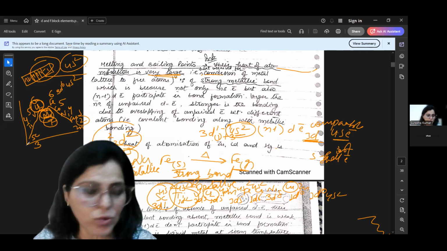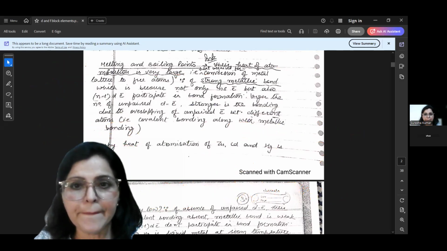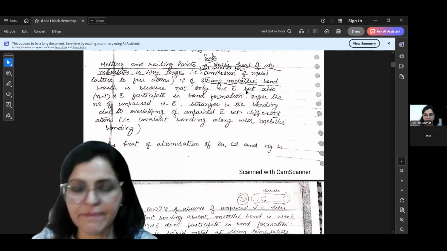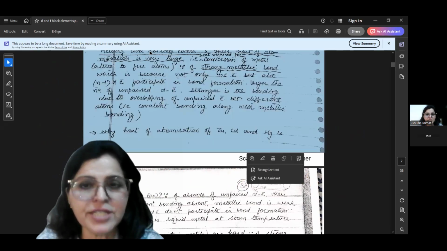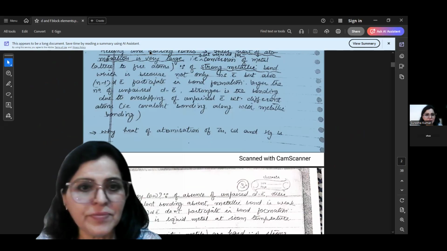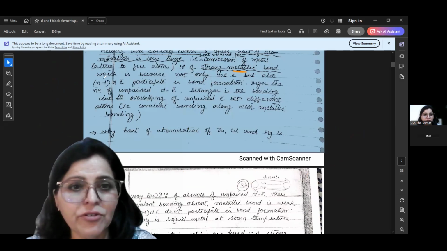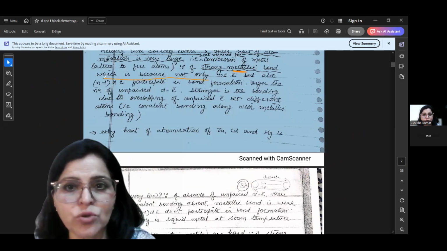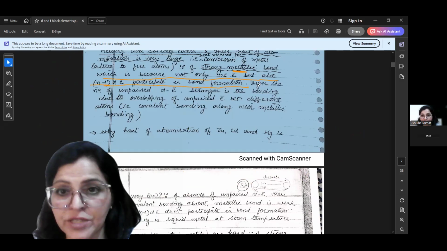Let me tell you once again from this. See, strong metallic bond, which is because not only ns electron but also n minus 1 d electron participate in bond formation.